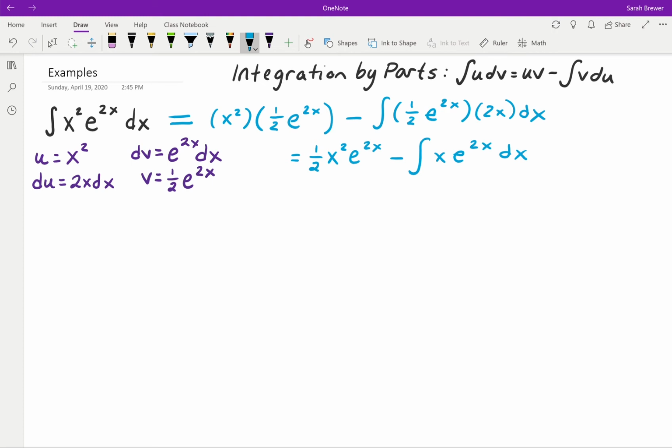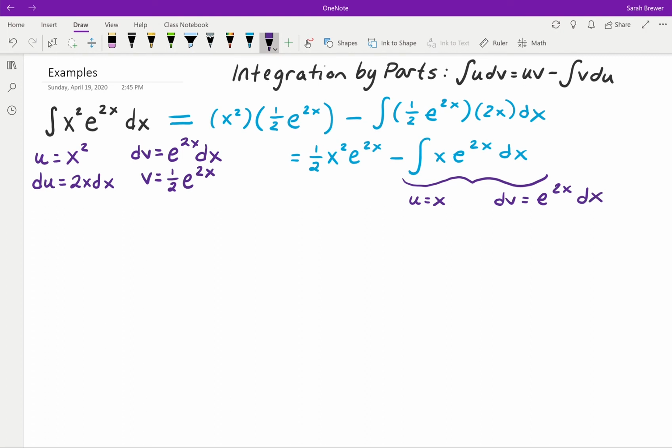All right, well, notice now we have a problem very similar to the one that we had in the last video. So what I'm going to do is I'm going to take this integral and I'm going to do integration by parts again. So here I'm going to choose x to be my u, and I'm going to choose e to the 2x dx to be my dv.